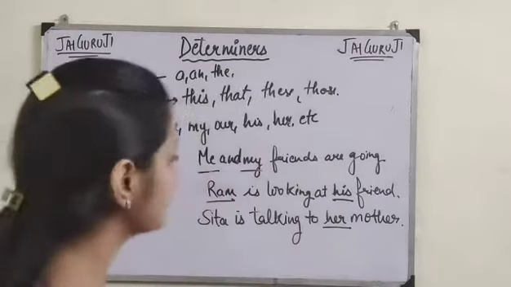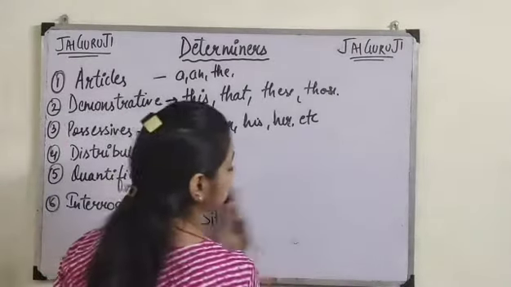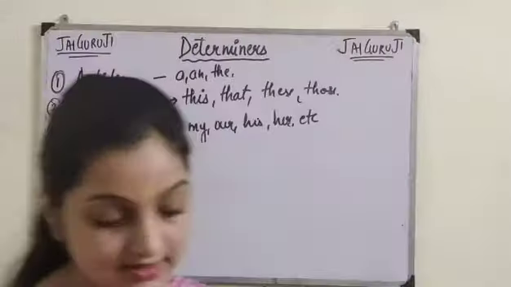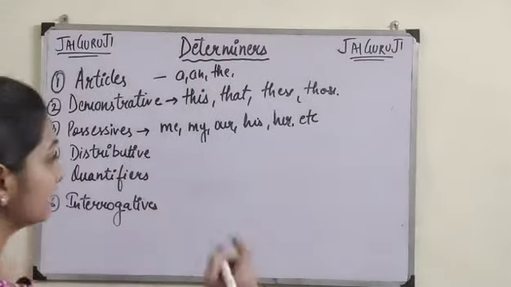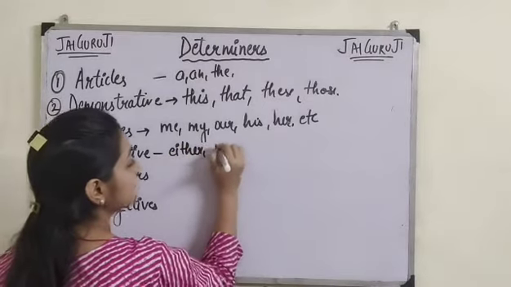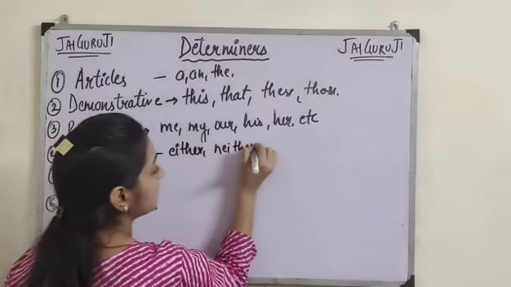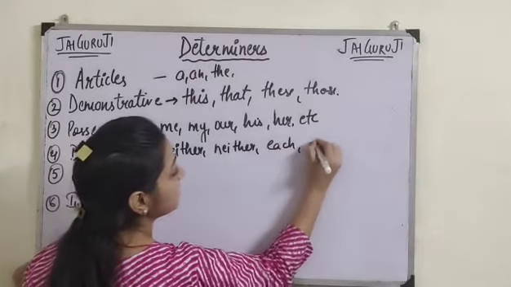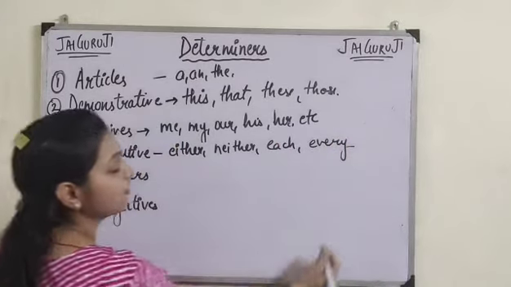The next one is distributive. Distributive is either, neither, each, every. It will all come here. Means we are talking about something we are going to distribute.